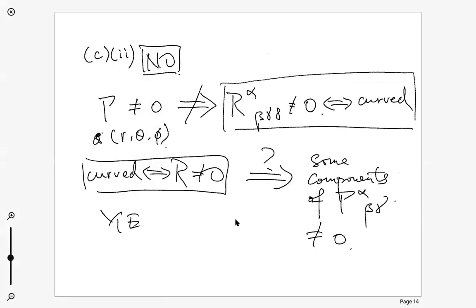Yes, I think you guys have done a very good job. My answer to this question is yes. In general, there should be some non-zero components of a Christoffel symbol.